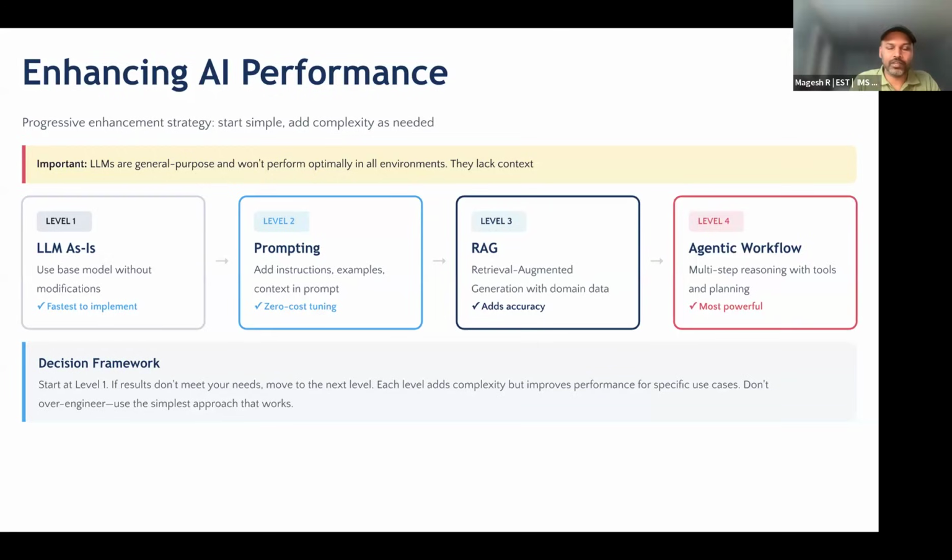There are also other options, like you can retrain the model. I typically do not prefer doing that because by the time you spend all the money and effort to retrain the model, you get a newer model.